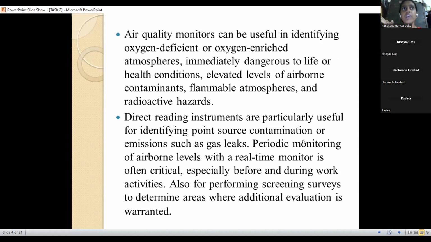Especially when we are working on a machine or in an industry, before the work, what are the values of nitrogen, sulfur oxide, carbon monoxide present in that area? After the work also we need to check, because periodic monitoring is really helpful before and after doing some activities. Also by performing some screening surveys to determine what area is having what kind of temperature also. We need to evaluate that also for our own protection.